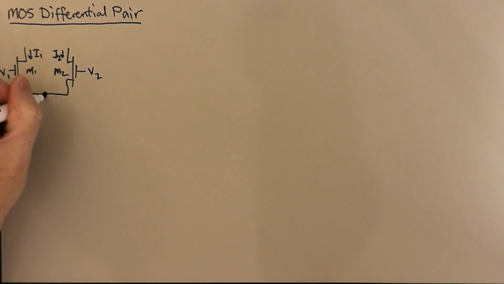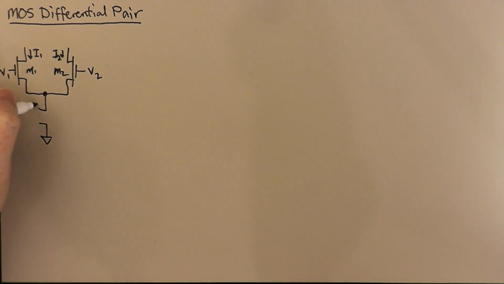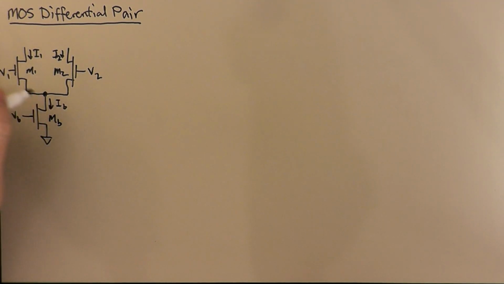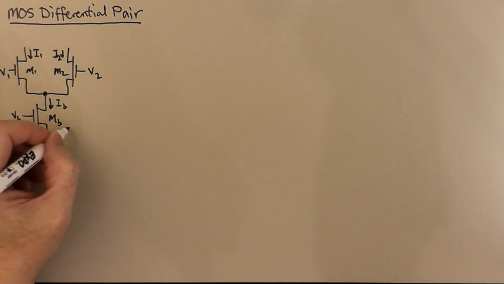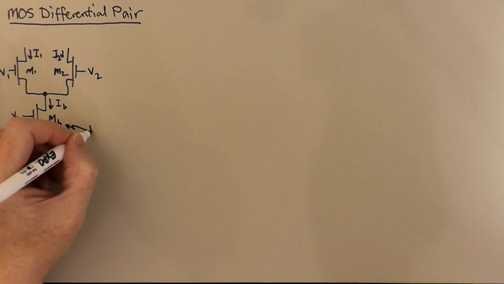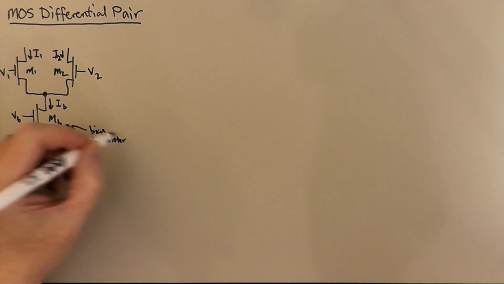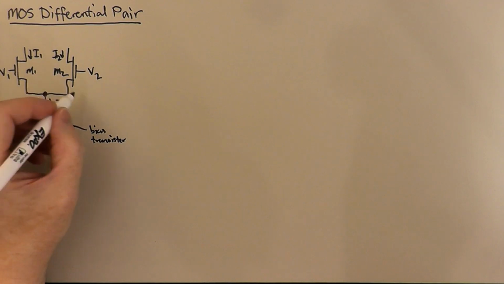And then from this common source node down here, we're going to have a bias transistor, MB, whose gate voltage is VB, whose job in life, again, like in the source follower, is to sink a constant bias current IB. So this is the bias transistor. These are the diff pair transistors.